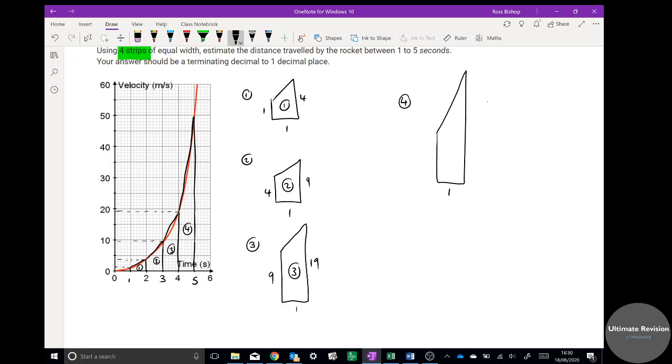The long sliver. That goes down 19, and that's going to go up to pretty much 50 actually there. Okay, and I work out the area for each of these. So the first one is half 4 plus 1. The next is going to be a half 4 plus 9, a half 9 plus 19, and this is going to be a half 19.